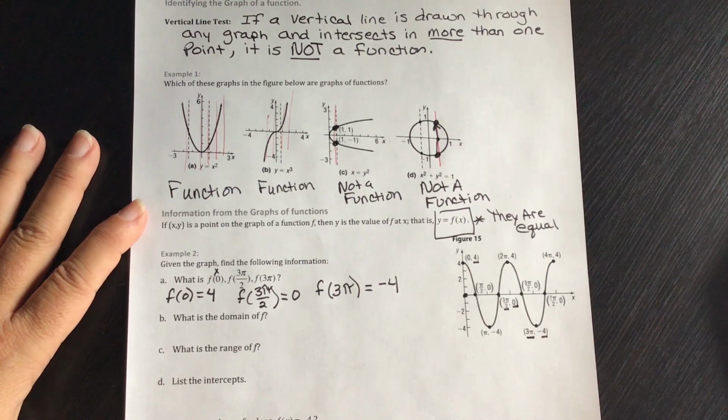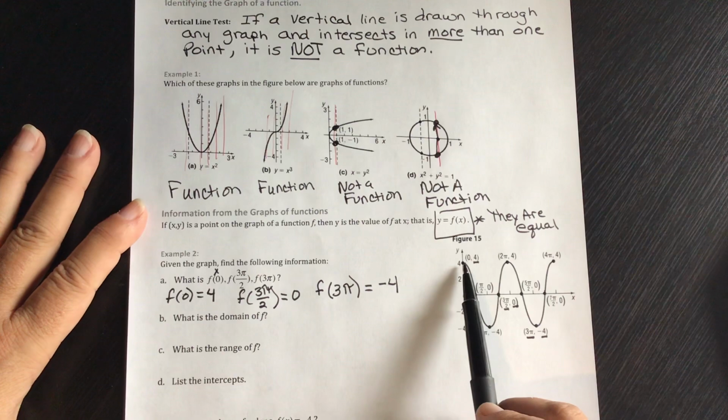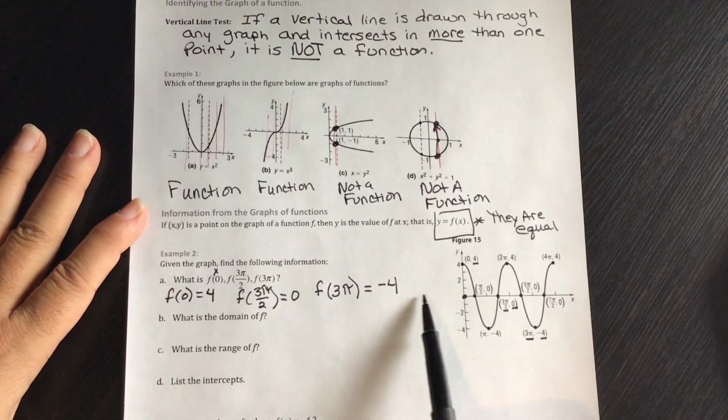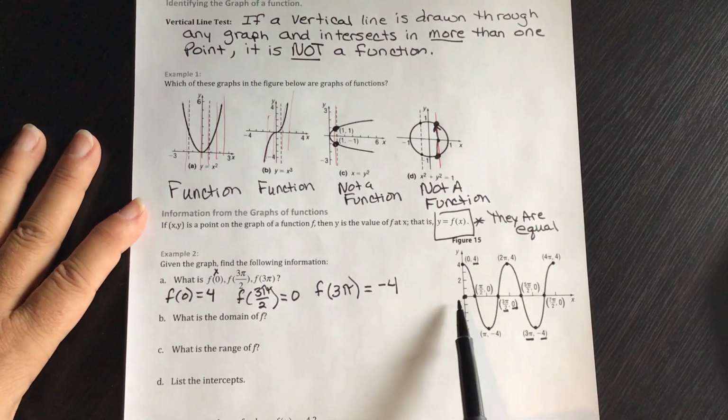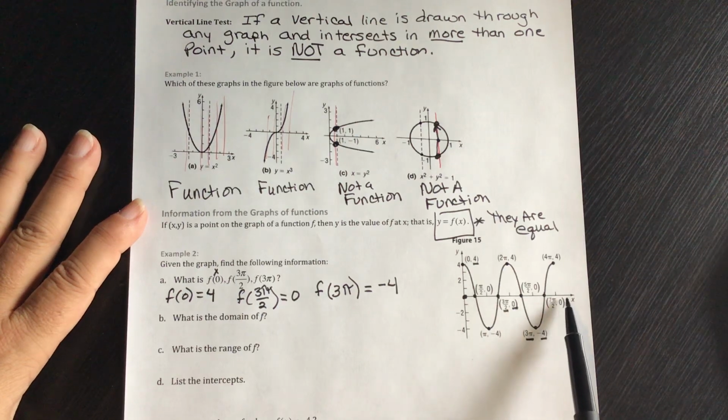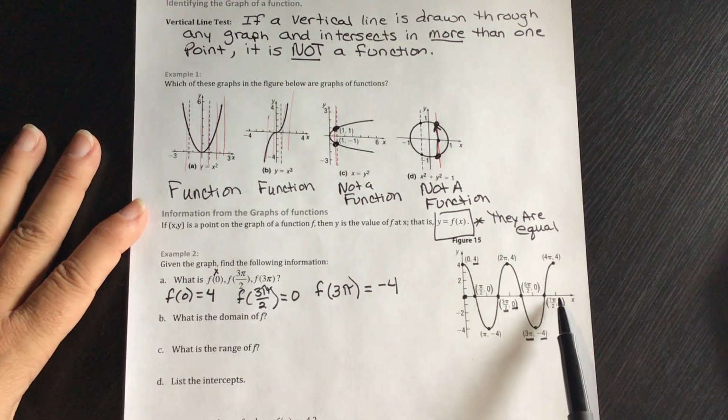Then it's asking us about the domain of the function. Remember that the domain are the x values that we see on this function. And if we notice, our x values start at 0. We don't have any negative values here. And if I continue on, my x values stop at 7 pi over 2.